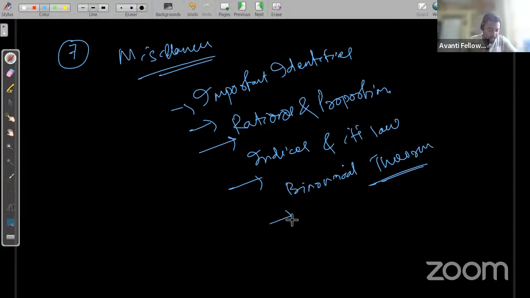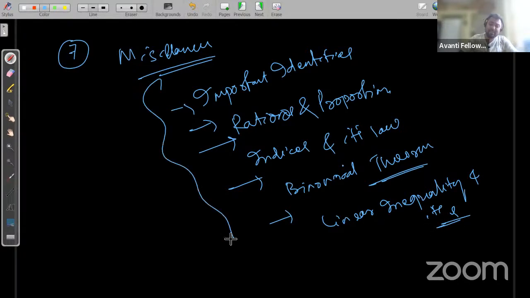Binomial theorem and linear inequality and its solutions also we'll cover. Why are we taking a lot of time to cover all these things? Because in physics also you will use these concepts everywhere. Mostly you will use all the mathematical calculations, all the mathematical concepts which we will cover in the first chapter.